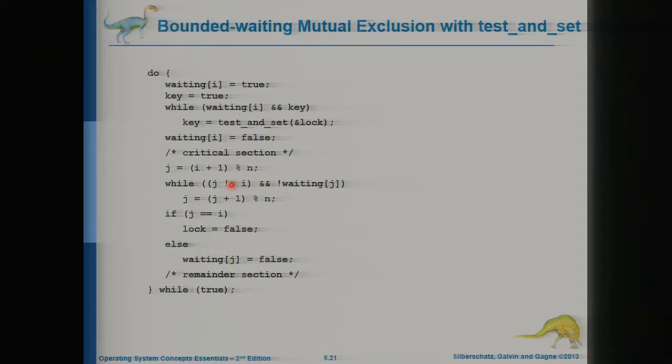But P3 is not getting a chance to execute its critical section because it registered its interest long back, but is not able to execute. That is what bounded waiting is about. There is no bounded waiting in this system. These two algorithms are not taking care of bounded waiting.